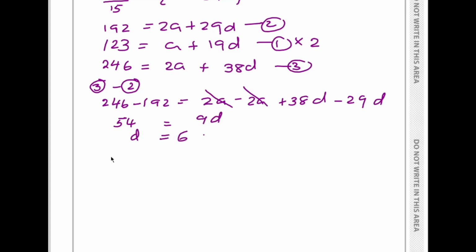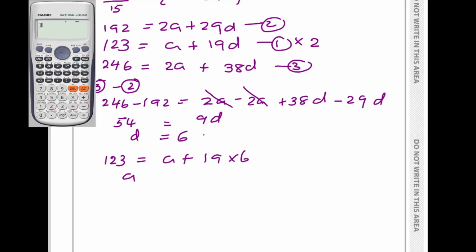So d equals 6, let's substitute to the first equation. Then 123 equals a plus 19 times 6. A becomes, let's get the calculator, 19 into 6 becomes 114.